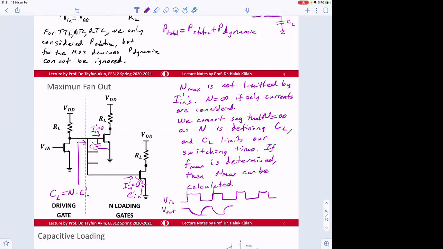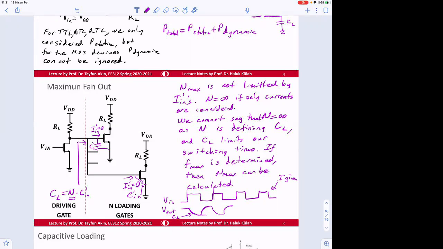So if this is given, this time period is going to depend on CL, and CL will depend on this N. Therefore, we need to determine a maximum fan out. Is that okay? Yes.